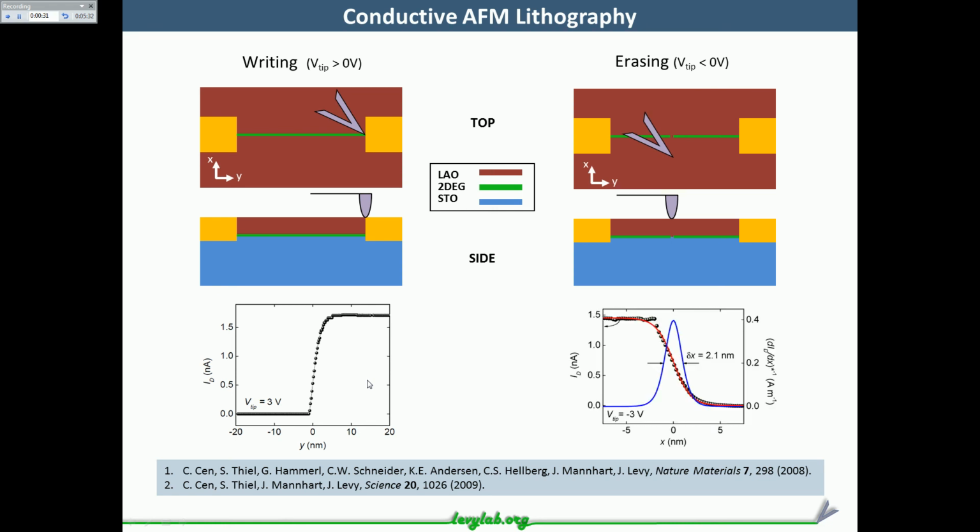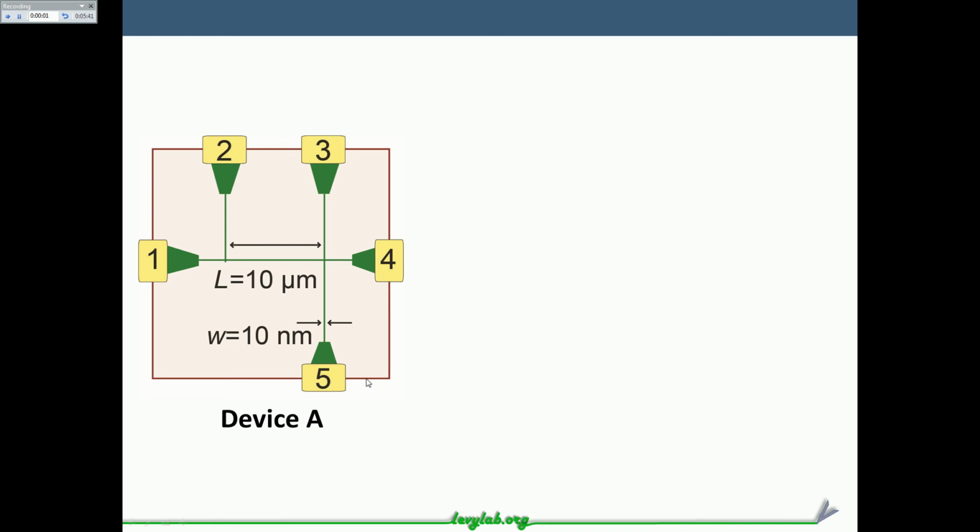This provides geometric flexibility in the types of devices that we can create. Here's one typical device. This is a 5-terminal Hall bar structure. The main channel length of 10 microns is between the two crossings, and typical width is about 10 nanometers.